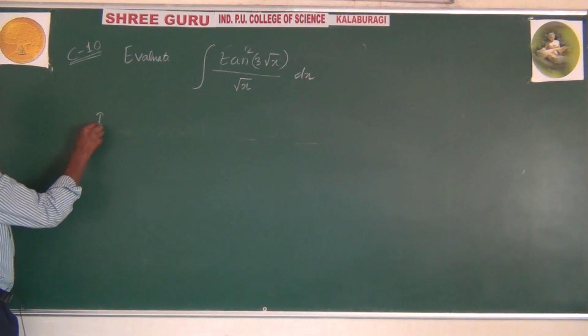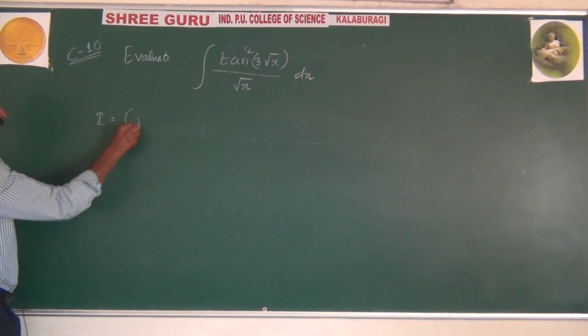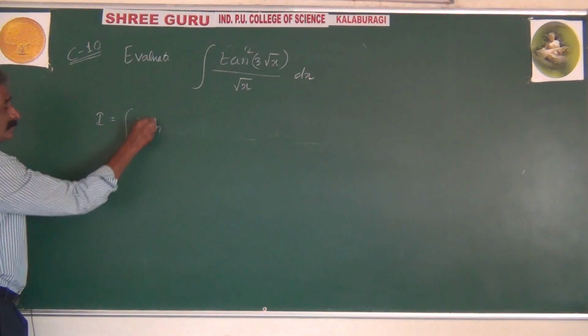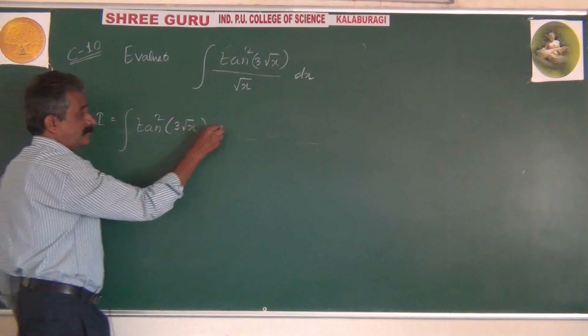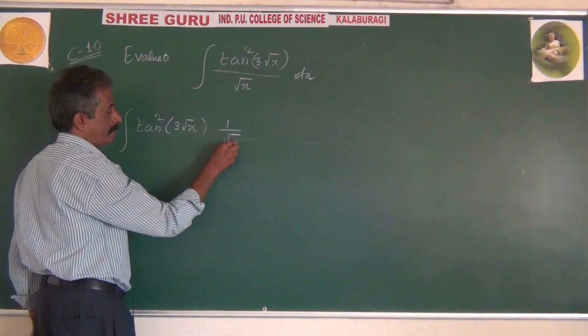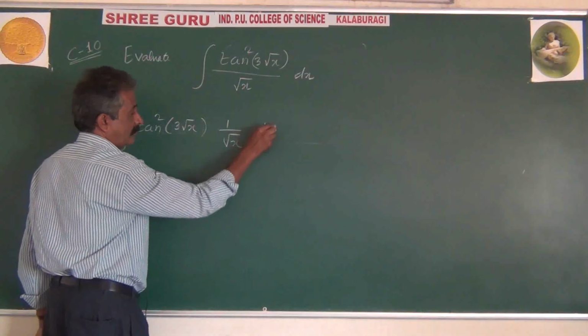I equals integration of tan square 3 root x into 1 by root x dx. Call this 1.